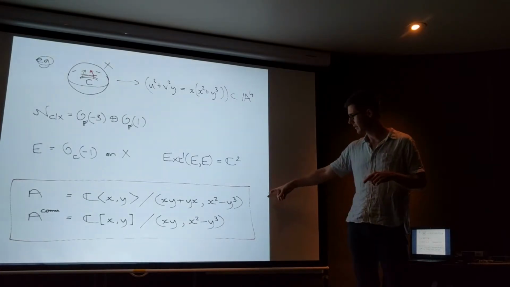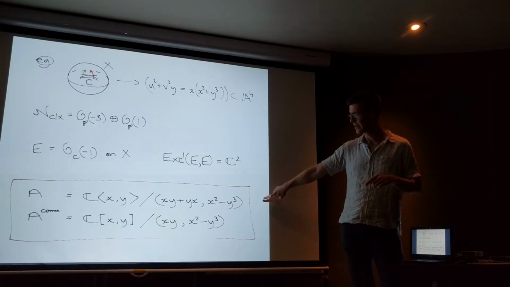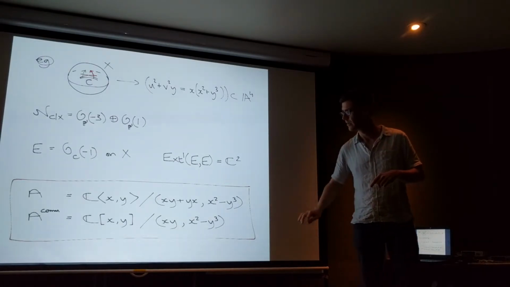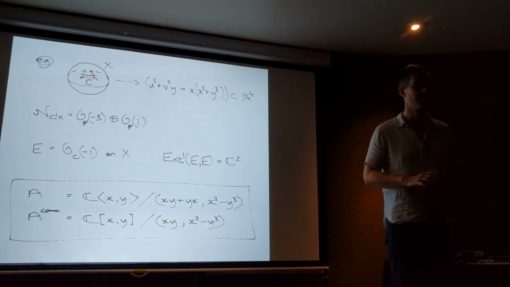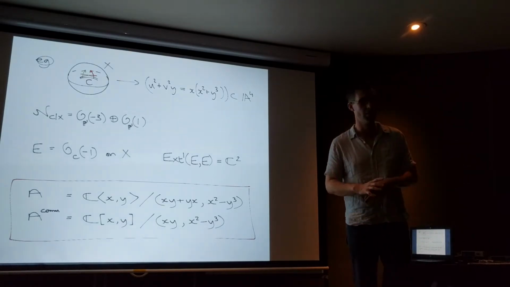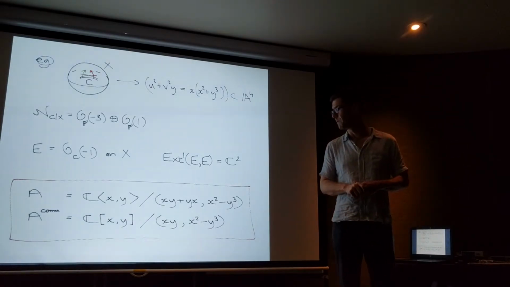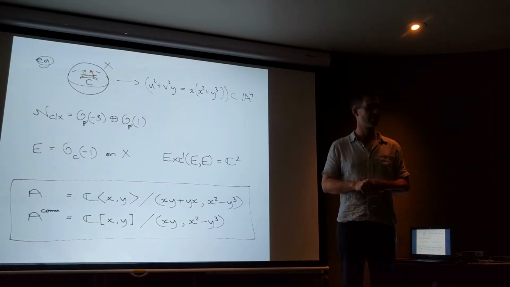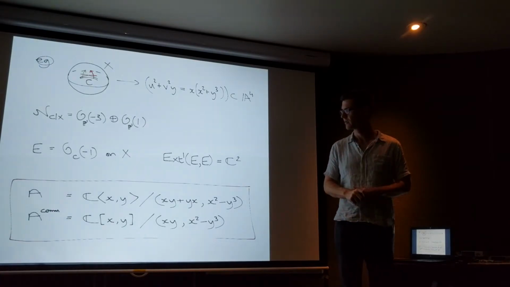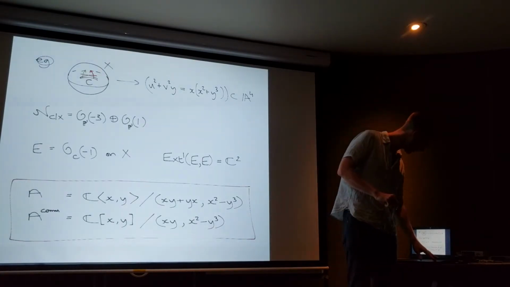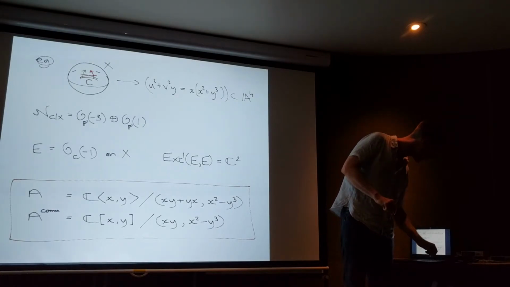And in fact it's a fun exercise to see that this non-commutative algebra is 9-dimensional. So this is giving us a little more information about the deformations, but also recovering the commutative deformations. Okay. Let's see how I'm doing for time.